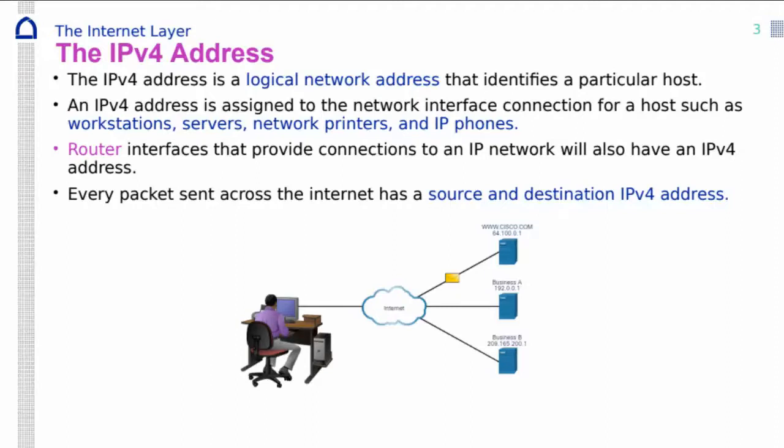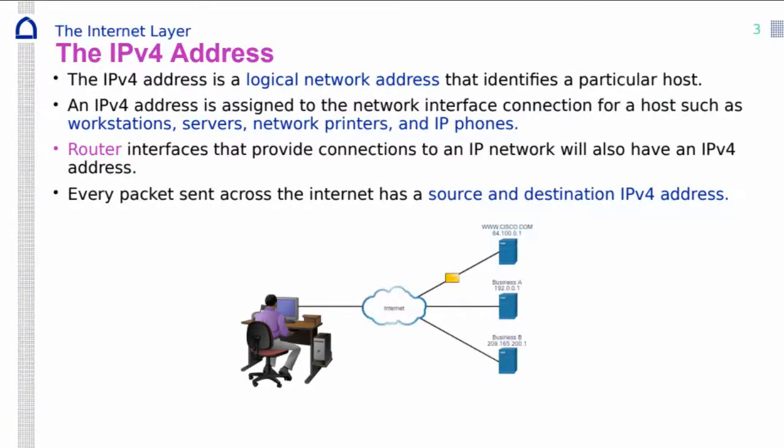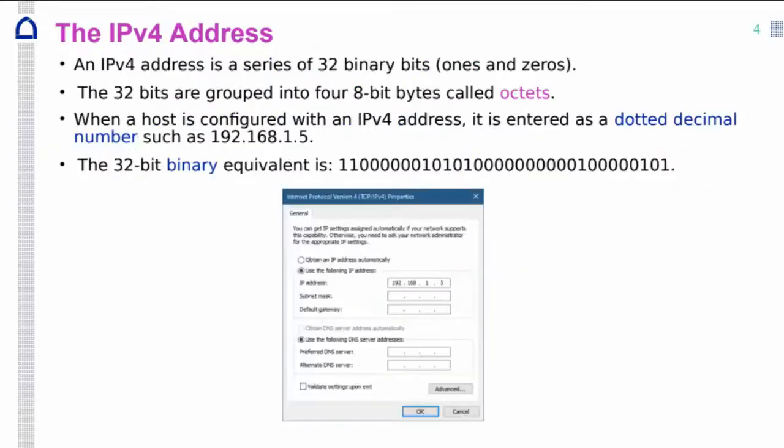Every packet sent across the internet has a source and destination IP version 4 address. So here in this example, we have a host communicating with these computers or servers. Each one of them should have an IP address. The IP address, I think we have mentioned this before, is 32 binary bits.